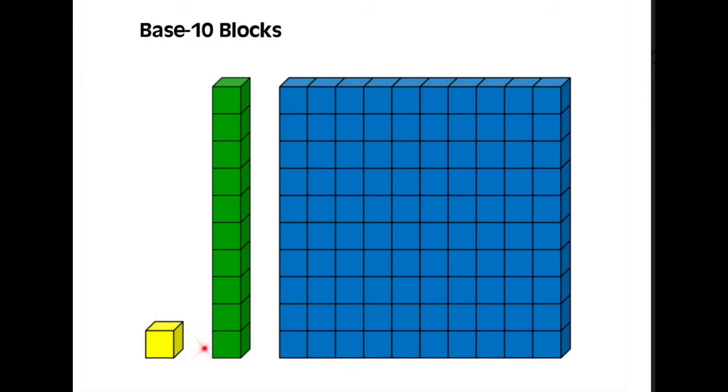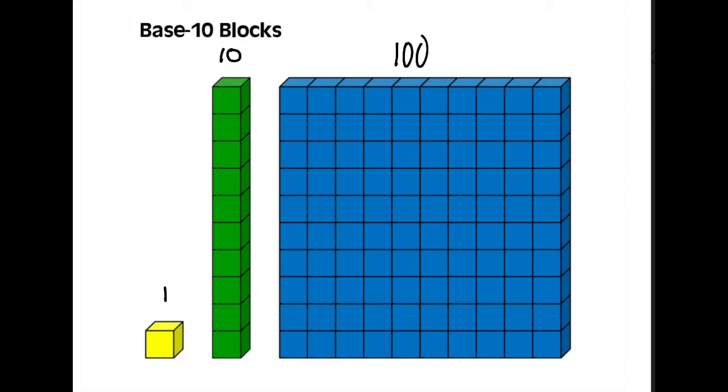But now this first green one on the bottom is the same size as that yellow one, and we're going to stack them on top of each other so that there are 10 of them. So we have 1 here, and we have 10 here. Now we're going to take this big green part and connect them together, so we have 10 of these going across. So 10 tens is going to be 100.